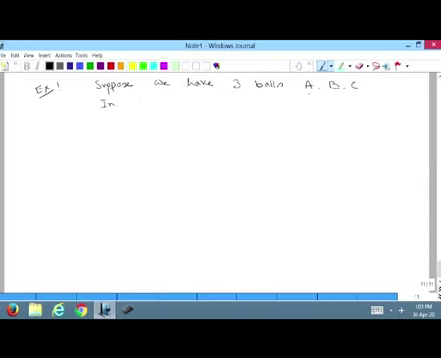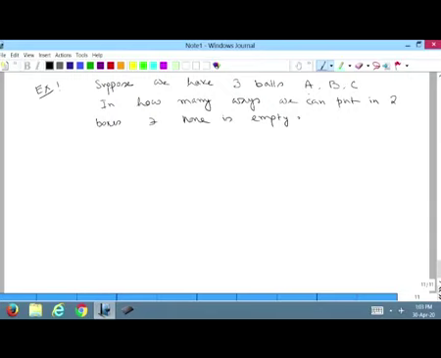In how many ways can we put them in 2 boxes such that none is empty? That is the question.